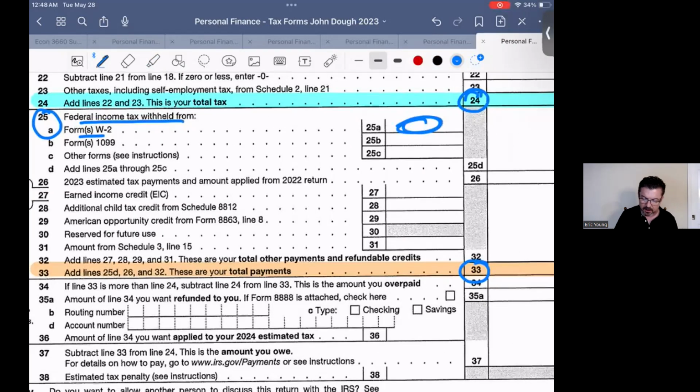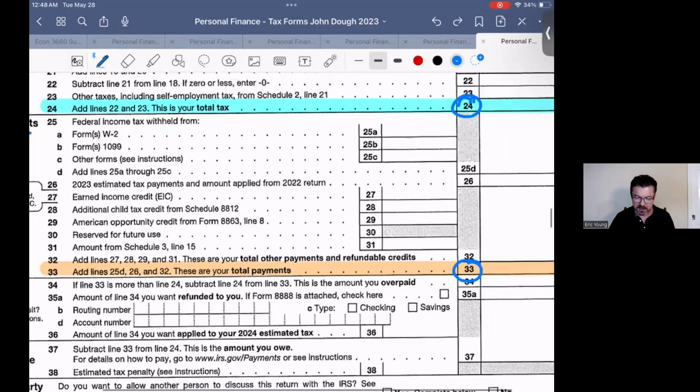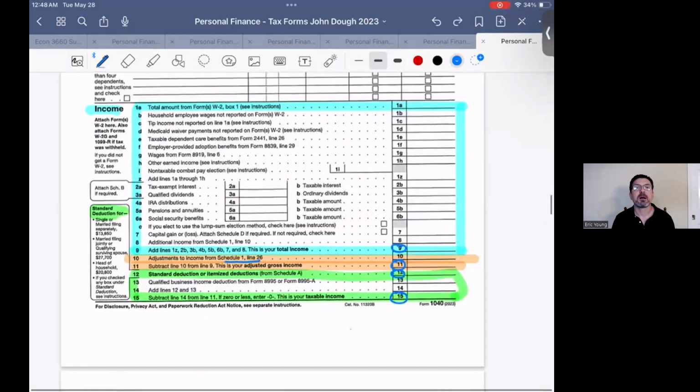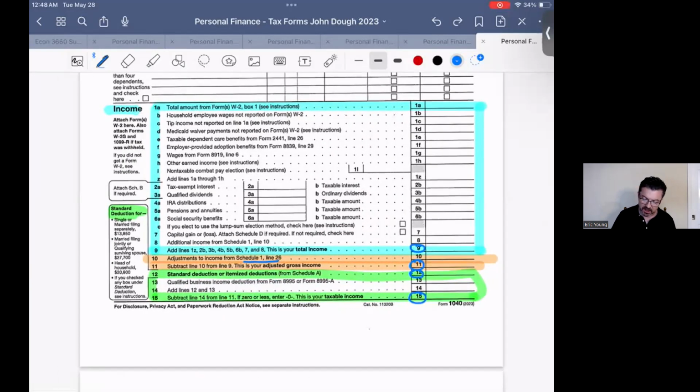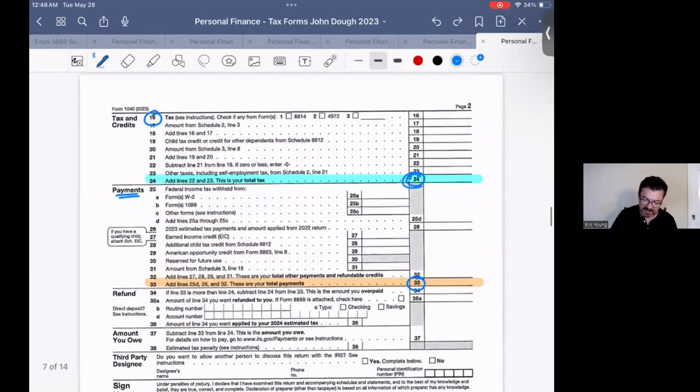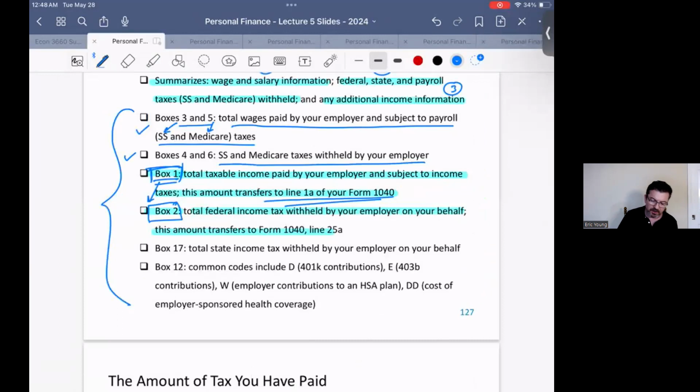That will go right there and will end up transferring here. What does this mean? It just means what we already said. Box 1 of your W-2 is what influences your taxable income and therefore your tax due. Box 2 shows how much money has been withheld. It's a balancing document: how much tax do you owe, and how much was withheld? So your W-2, especially boxes 1 and 2, gives you the big picture.